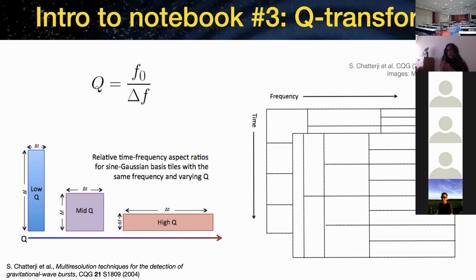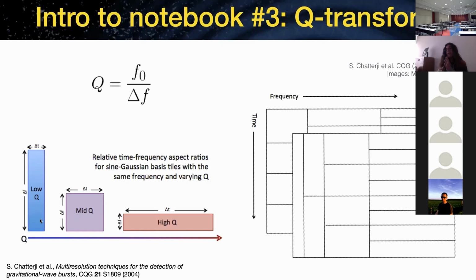The idea is that you project the data on a basis of sine Gaussians, and in this basis you decide the length of the temporal part by the width of the sine Gaussian and the frequency by the frequency of the Gaussian. This practice allows you to have tiles in this bidimensional space in which you are checking both frequency and time.